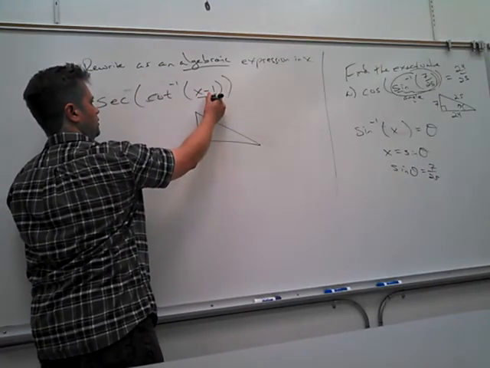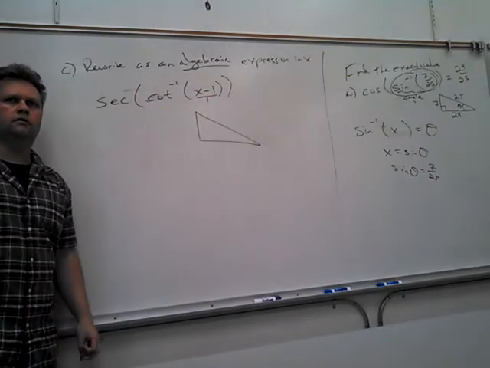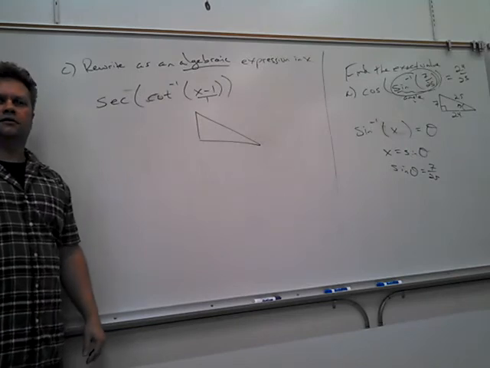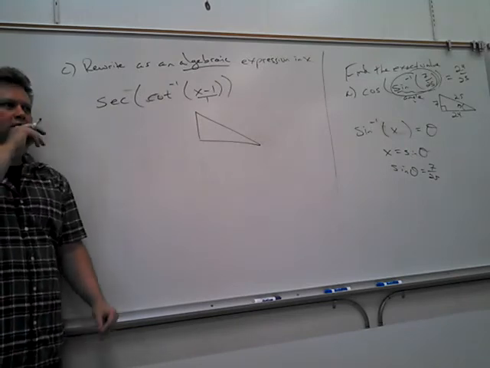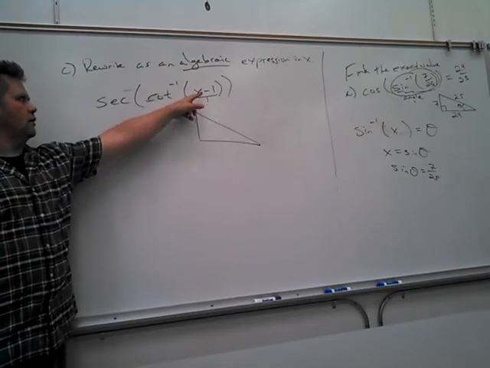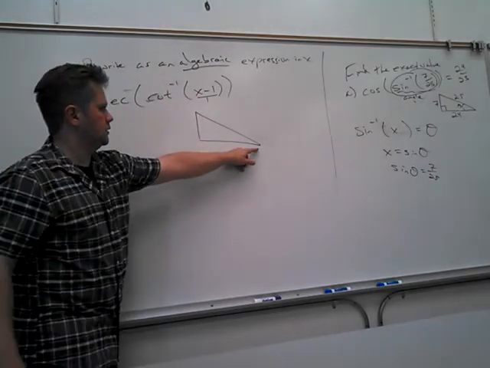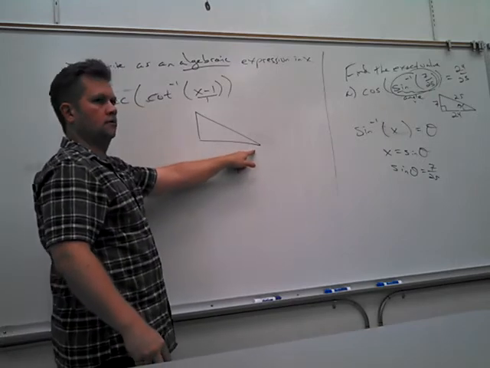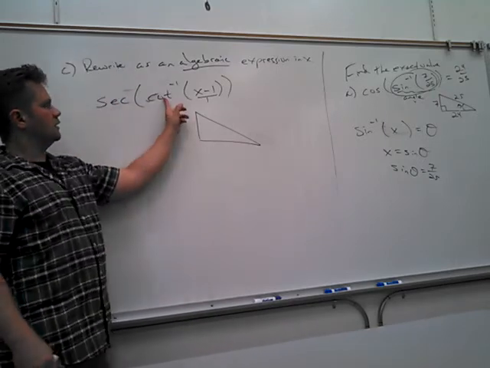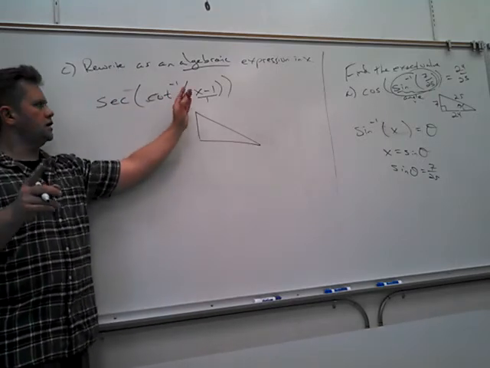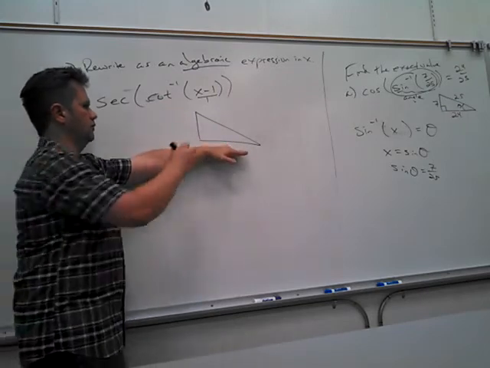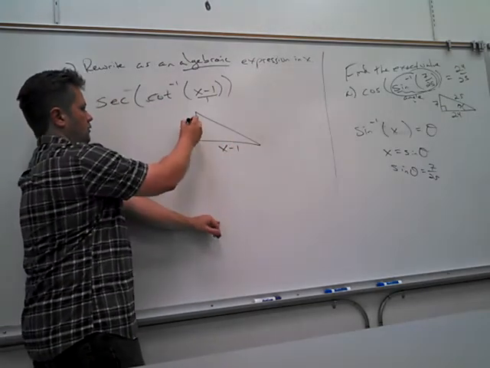This is x minus 1 over 1. That over 1 is useful. Don't forget, there's always a ratio in there. So the thing by itself, it's over 1. What sides is that? What's this side? Careful. It's a cotangent now. Cotangent is x over y. So this will be x minus 1, and this will be 1.